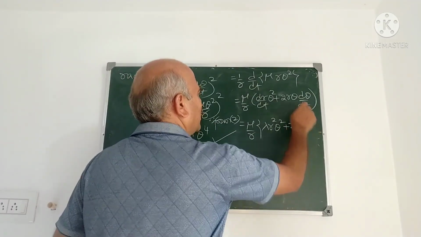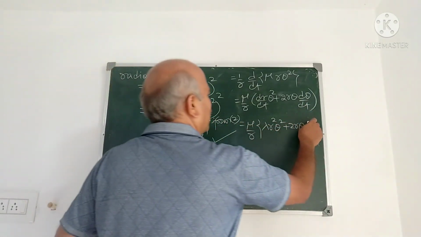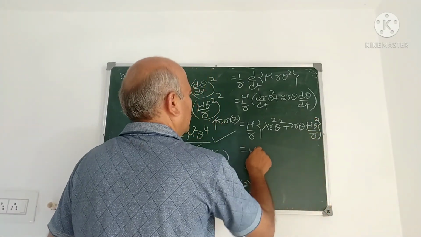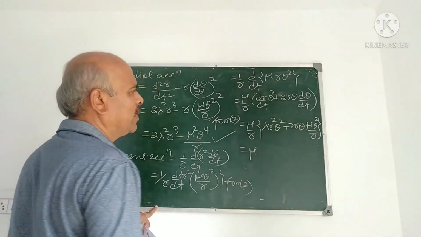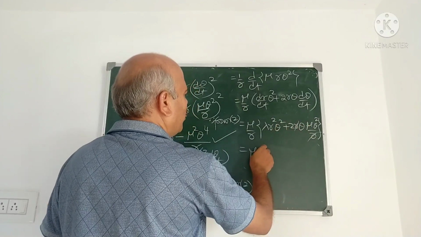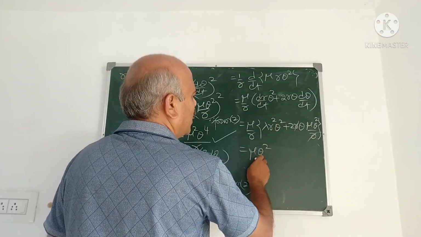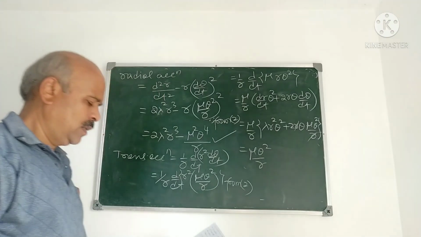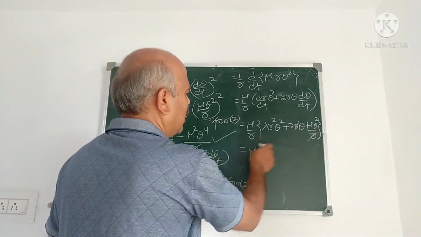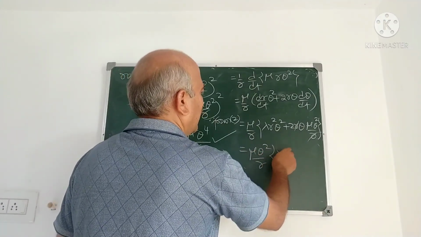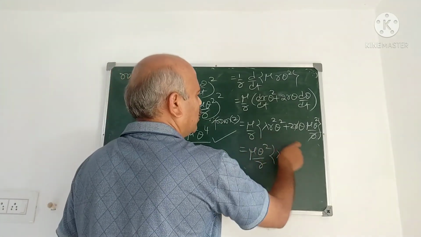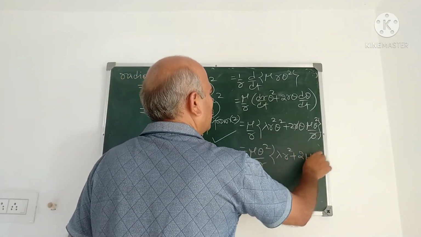Similarly, what is d theta by dt? Mu theta square by r. Therefore, mu by r, what is the common factor again? Theta square is common. Mu theta square upon r into lambda r square plus 2 mu theta.